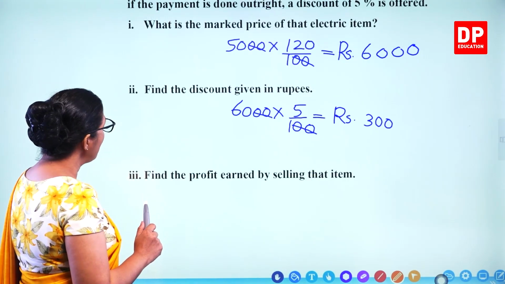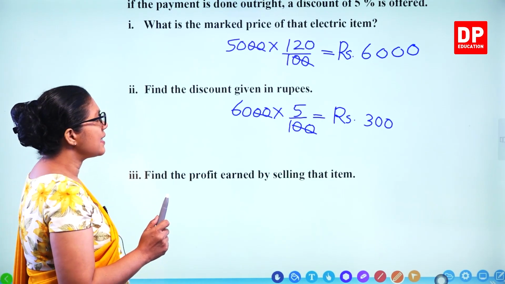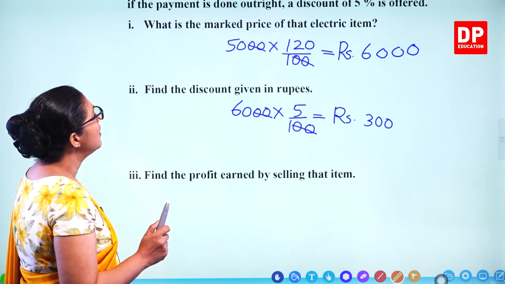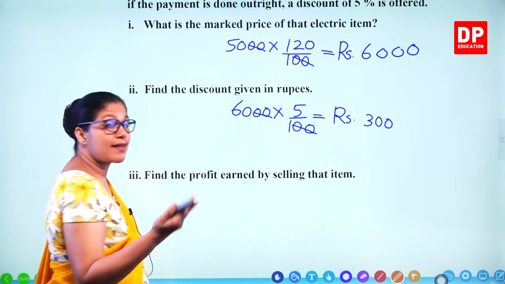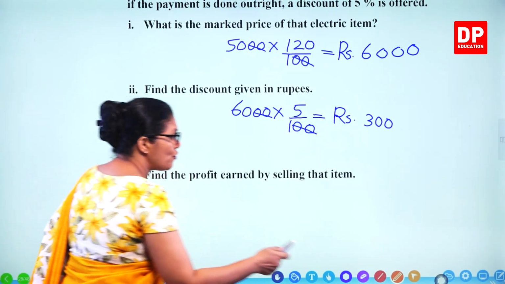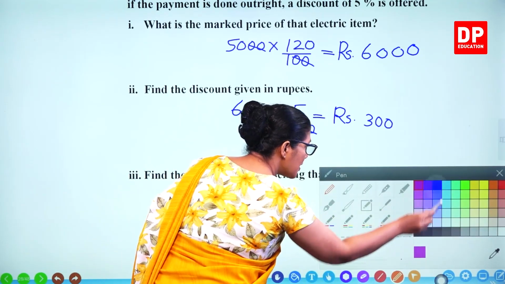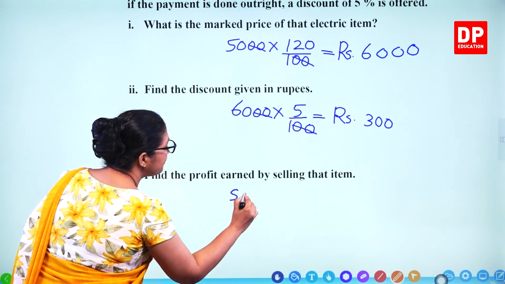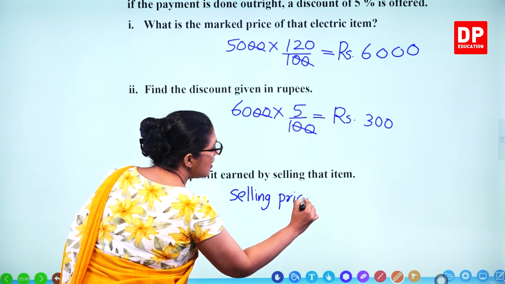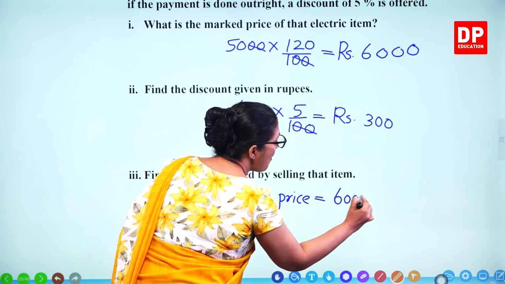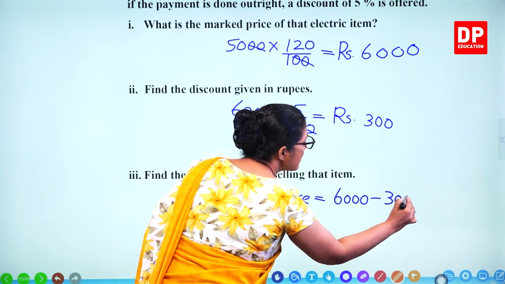Now the third part, find the profit earned by selling that item. So here, this is the marked price and given 300 rupees discount, and you have to find out the selling price first. So what's the selling price? Selling price is marked price minus the discount value.